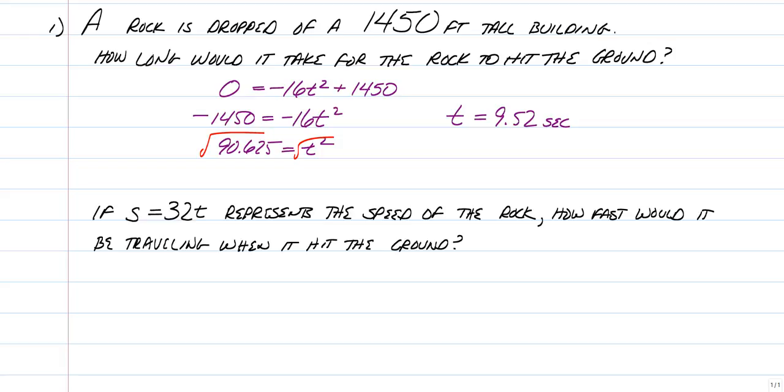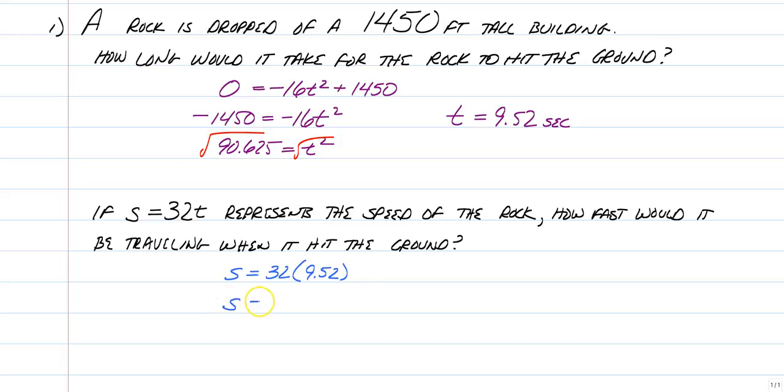So if we were to take that into account and say how fast would the rock be traveling when it hit the ground, that's just s is equal to 32 times the amount of time it's been traveling, which is 9.52 seconds.